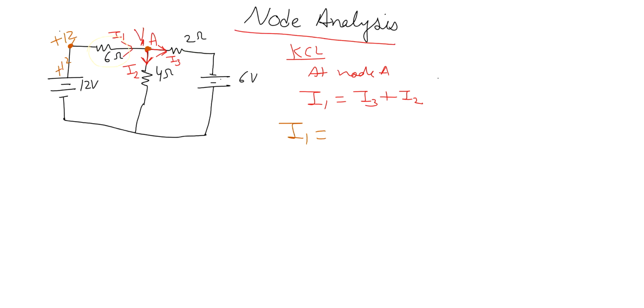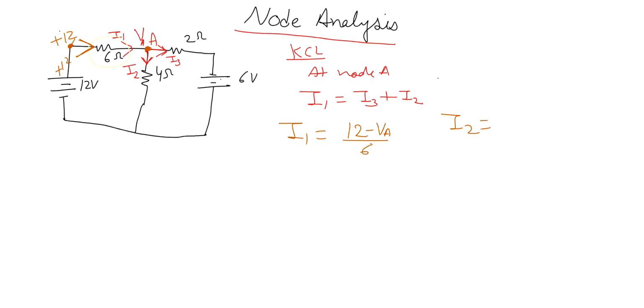You have to take the direction of current. Current will flow from higher to lower potential, so it's going from 12 volt towards VA. So we will take 12 minus VA divided by the resistance, that is 6 ohm. That gives me I1.